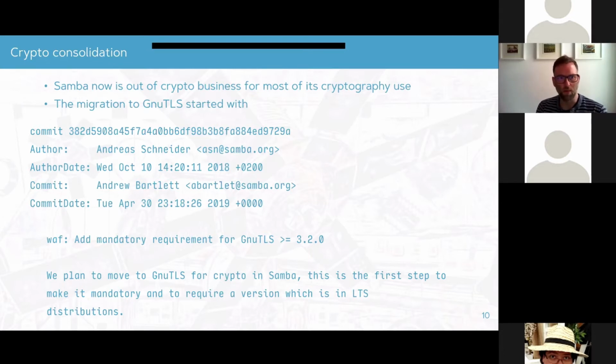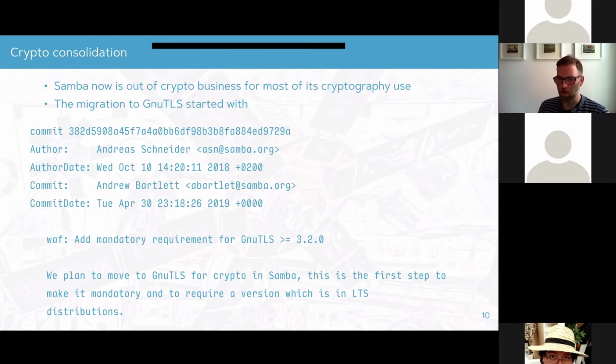Yes, so we decided to use GnuTLS because it was already in use by the Samba project. Also, we have a really good relationship with the GnuTLS people, and we were able to open bug reports and request features for Samba, for example, to make encryption faster, so to implement functions where we don't have to copy data around and make the encryption and decryption of the SMB encryption much faster.